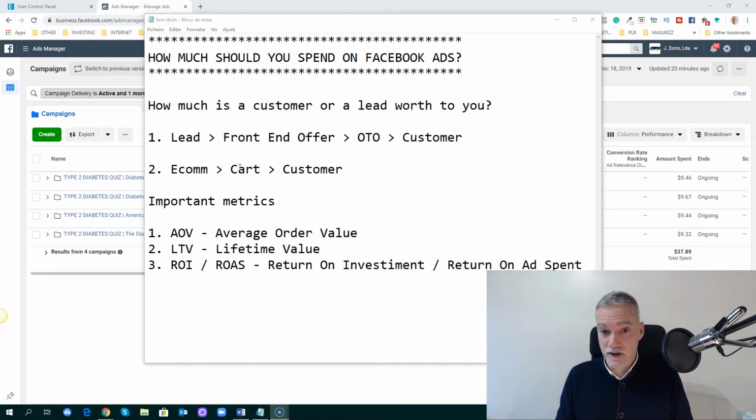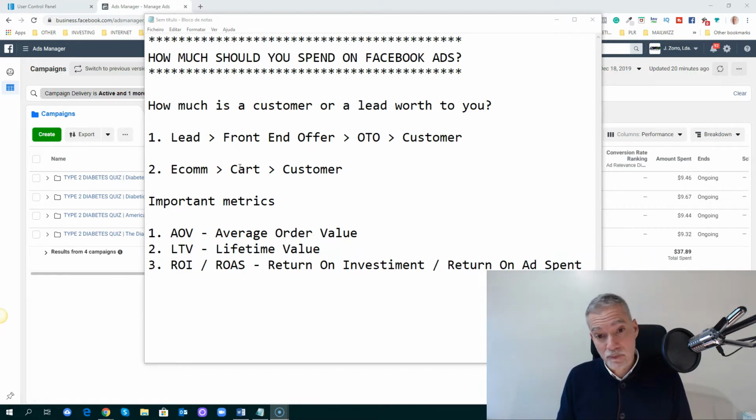And this is very simple, because if a lead costs you $10, okay, and the lead is worth $5, you are losing money, right? So it doesn't make sense to be spending $10 to get back only $5, okay? And the same approach applies to a customer, okay?